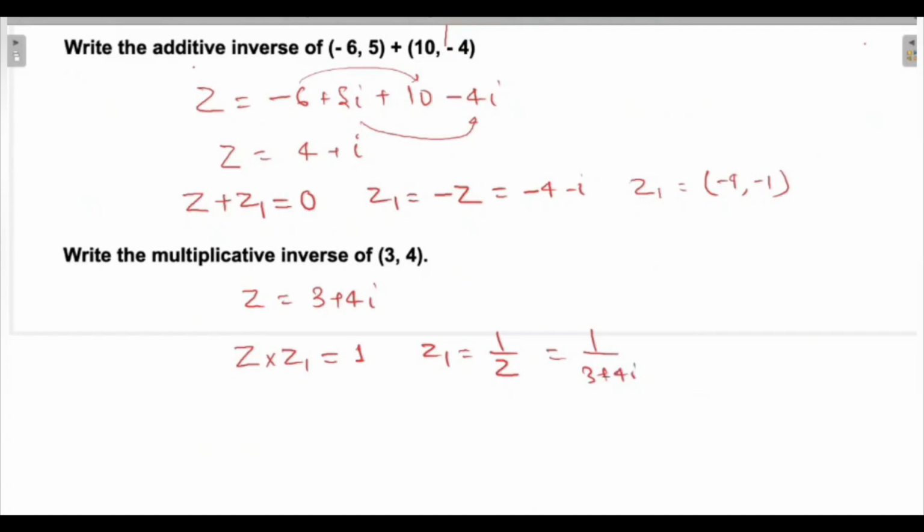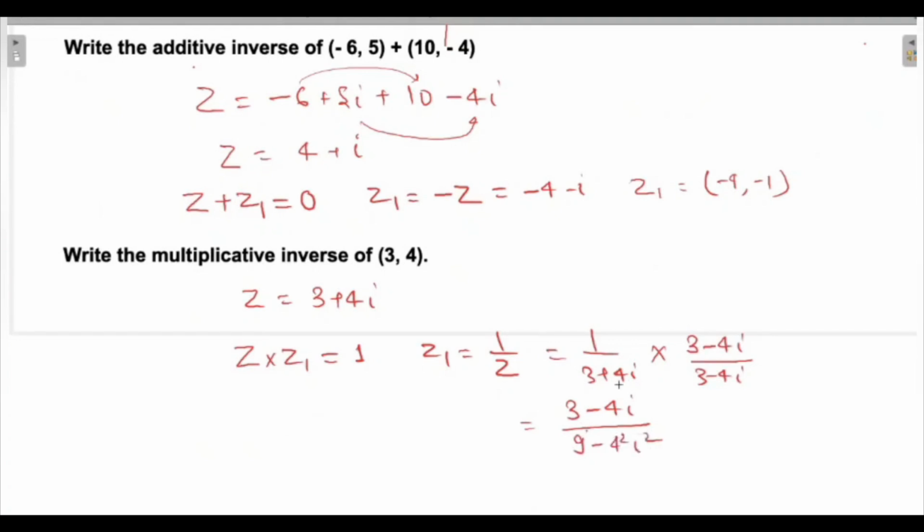Whenever you get such a thing, you multiply it with the conjugate of it, which you'll come to know later. But right now what we'll do is multiply it by 3 minus 4i in numerator and denominator. So we'll get 3 minus 4i on top, and here it will be a plus b into a minus b, which will be a square minus b square. So 9 minus 4 square i square.